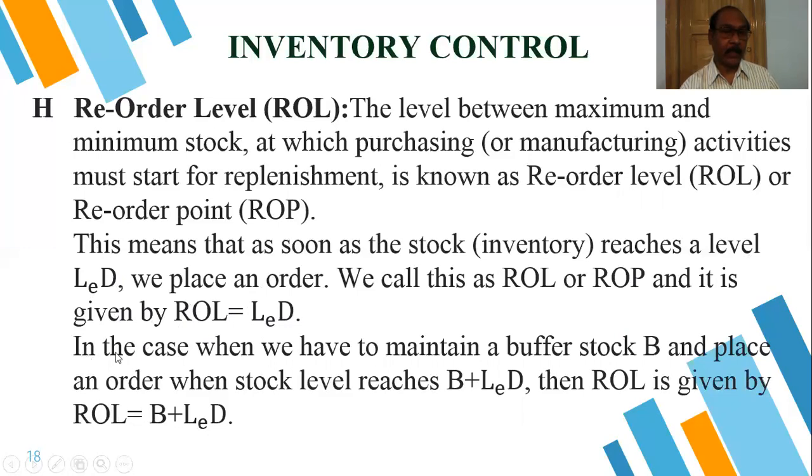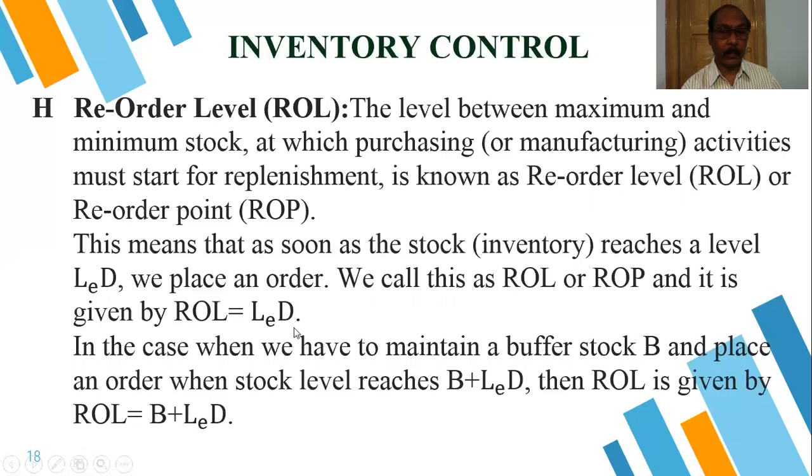In the case when we have to maintain a buffer stock B, that is, when the lead time fails, meaning delivery is delayed, we also keep a buffer stock, known as B, as we already discussed, and place an order when the stock level reaches B plus LE D. This is our minimum stock level: the reorder level stock plus the buffer stock.